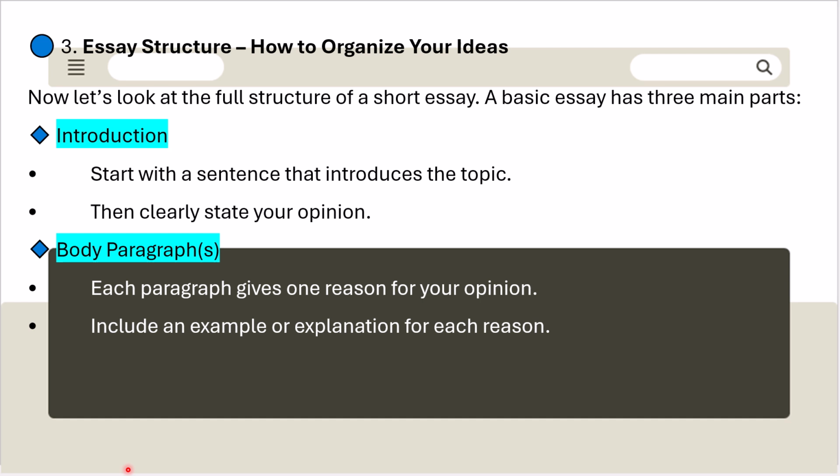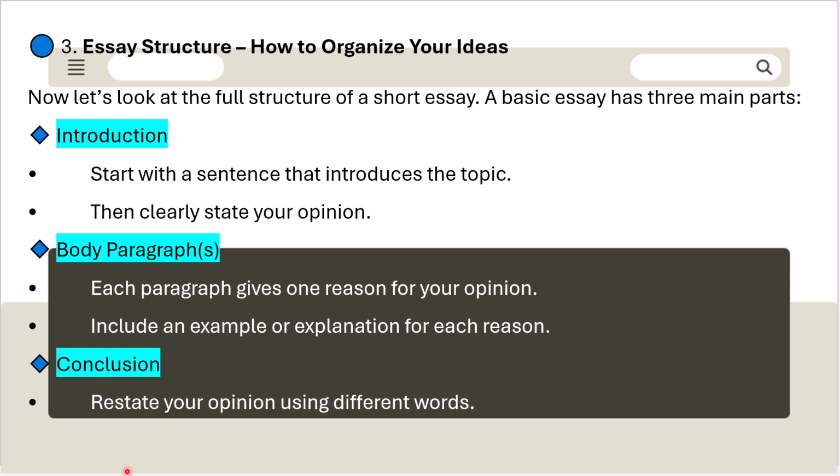The last element of your essay is the conclusion. So in this conclusion, what can you do? You can restate your opinion using different words. Now finish with a strong final sentence. You can rephrase the question.